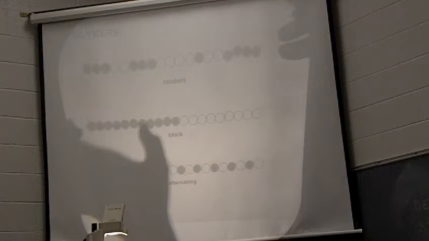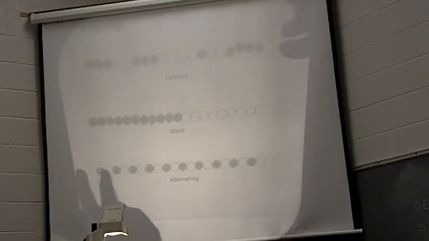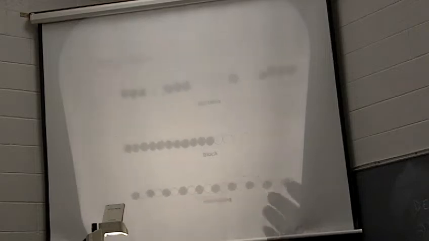You could put one set of monomers together and another set of monomers together, and then link them in the middle, so you've got blocks of different monomers. Or you could devise something where the different types of monomers are just alternating back and forth. So those are different ways that you can put copolymers, or more than one type of monomer, together.